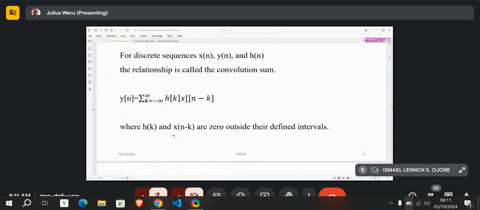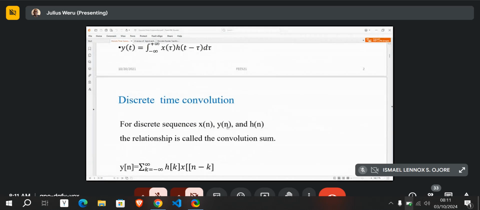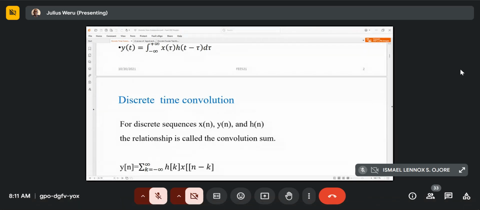So that is the continuous time convolution. But we are going to concentrate more on the discrete time convolution. And so you are given two sequences. One sequence is your input, the x of n, and this other sequence is the impulse response.